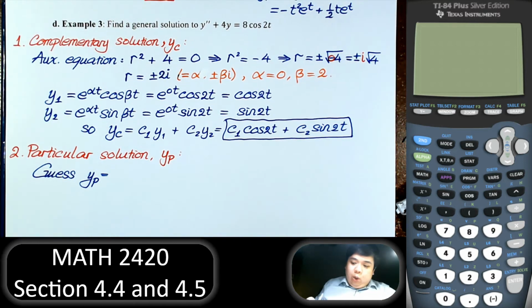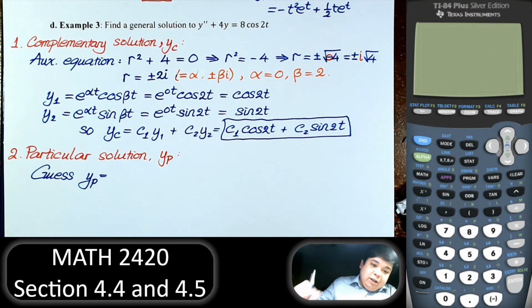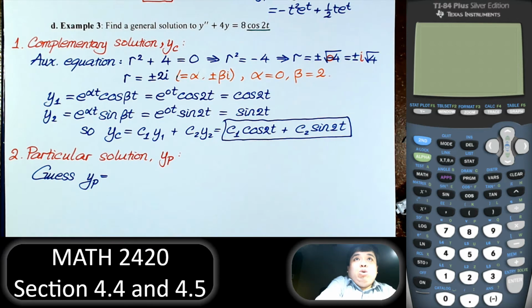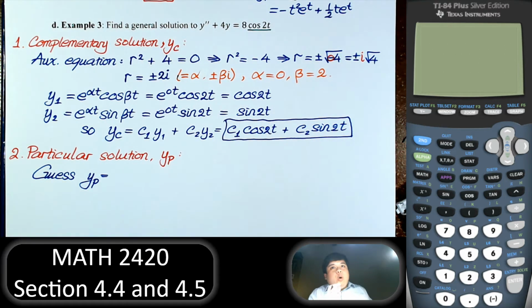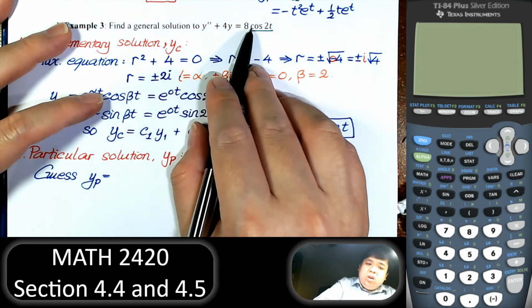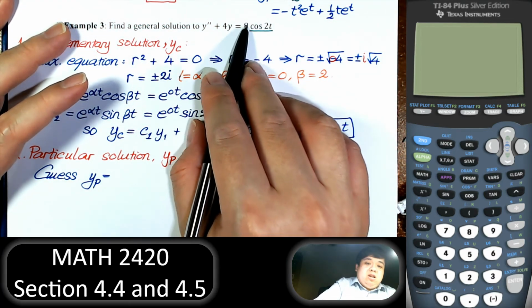We guess. Let's look at this form. It has cosine of 2t. Every time there's sine or cosine, we're going to need both. So we're going to have a good thing here. Just multiply by a constant. So we don't need anymore.